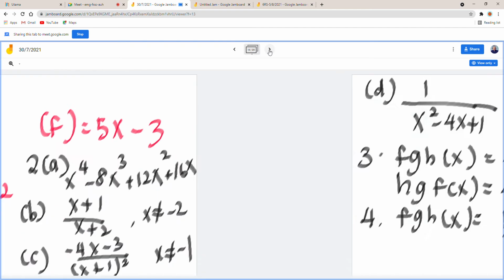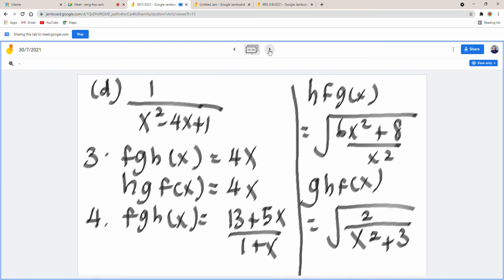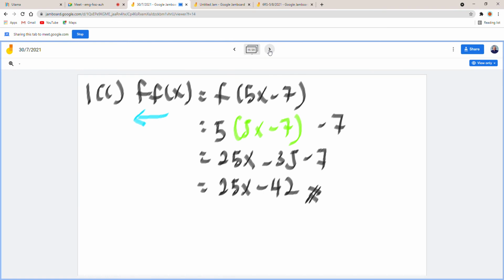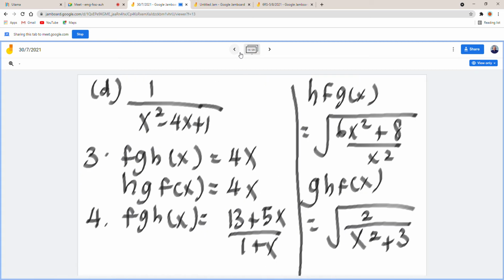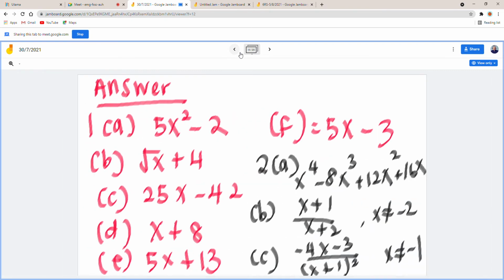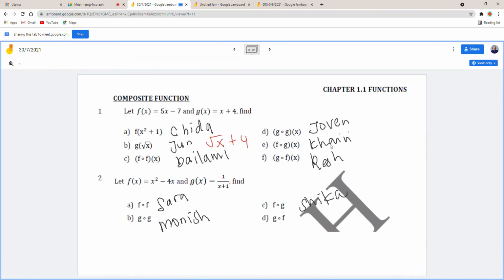Have you done the composite, everyone? I did the early questions, but the later questions I don't know how to do. Wait, which question? From which one? Go back. I think starting from number, wait. Keep going back, where all the questions are at. Okay, yeah, this one I did. All this I did.